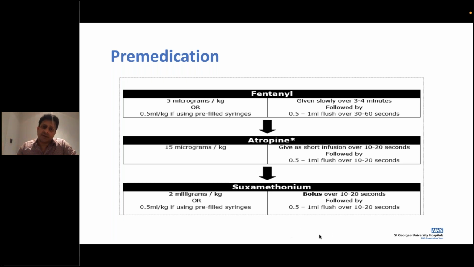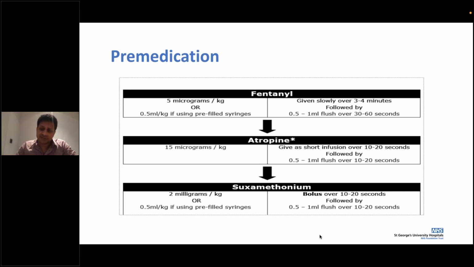Some units may do it slightly differently. If you're working in pediatric intensive care, you may have been exposed to medications that are very different for intubation. There isn't much work done around pre-medications, and it's very common for neonatal units to still stick to what has been used.